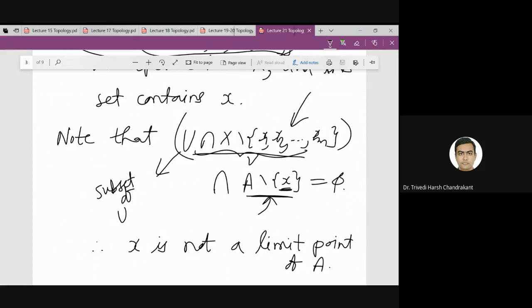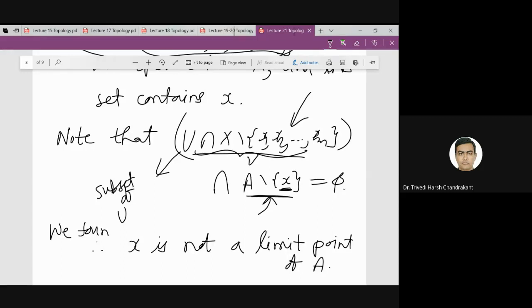So what is the contradiction here? Can someone explain? So let me explain again.